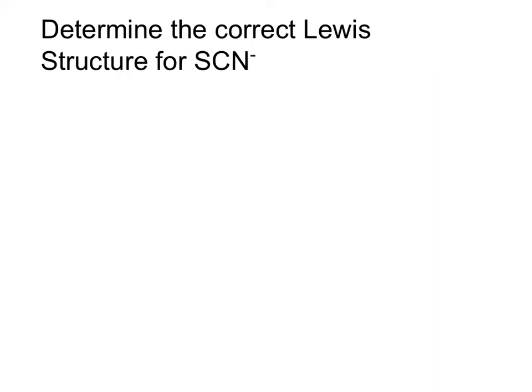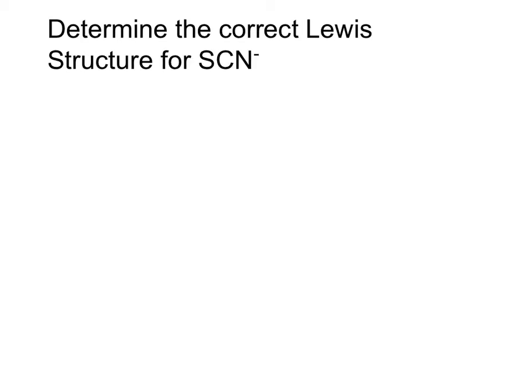Now we're going to apply some of these principles to determine the most stable Lewis structure for SCN-. In SCN-, sulfur comes with 6 valence electrons, carbon comes with 4, nitrogen comes with 5.